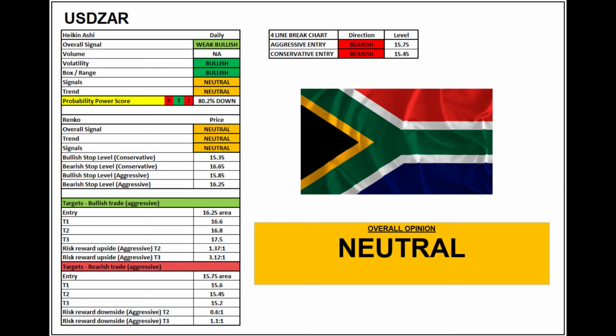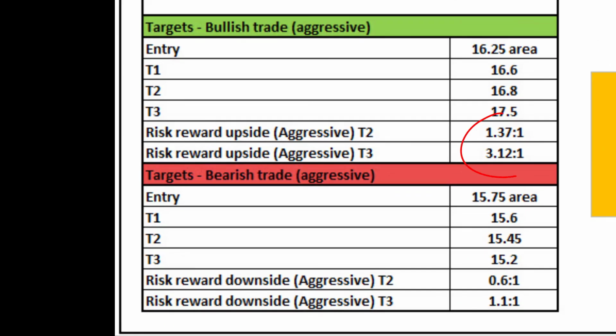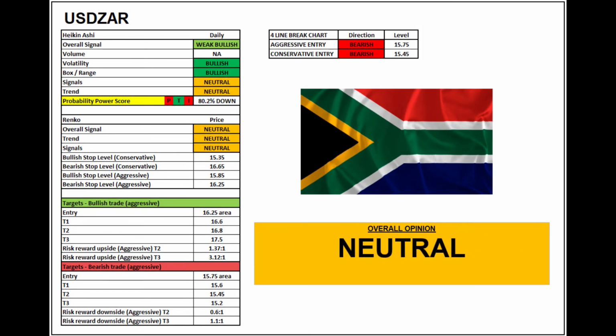Other signals, a bit of a mixed bag, some of it bullish, some of it more neutral, but after that strong USD run, maybe it's just taking its breath for a moment to think where it's going next. But if you think it's going to go bearish, the 4-line break chart entry points are in the top right hand corner for you. In terms of targets, upside 1.37 and 3.12 to 1, downside not so great at 0.6 to 1 and 1.1 to 1. But overall, a neutral score for the USDZAR pair at the moment.